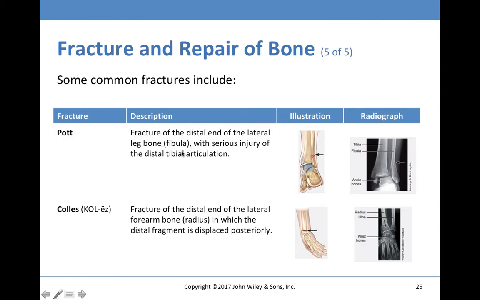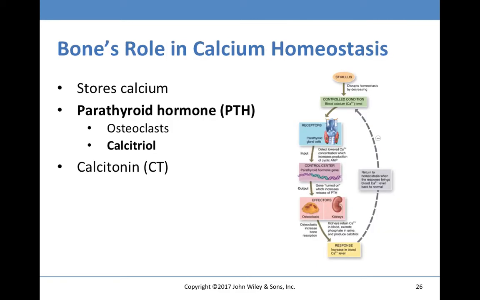It has to happen at certain places in the body. So where we fracture the distal end of our fibula, and so it causes an injury with how the fibula is articulated to the tibia. And then we also have the Colles fracture, and this Colles fracture is going to be at the distal end of the forearm at our radius, and it's going to displace our radius posteriorly. So, two special fractures occurring at special places.